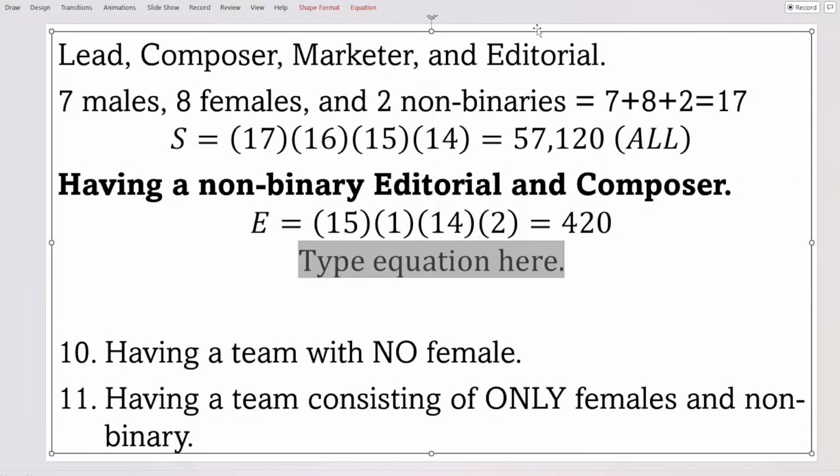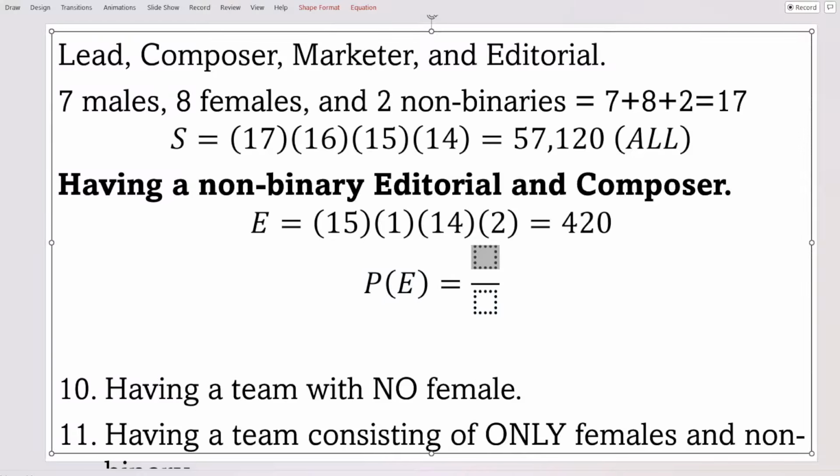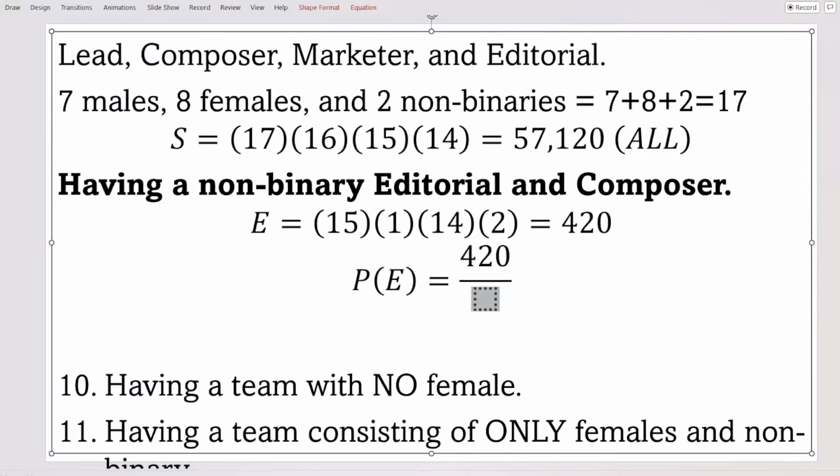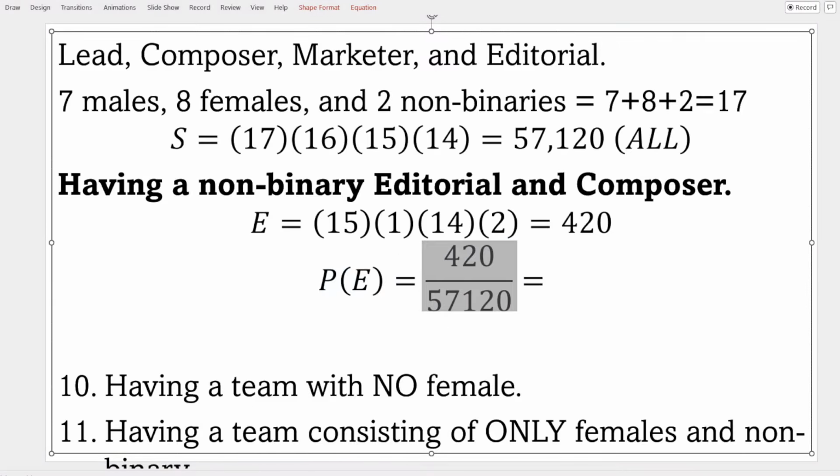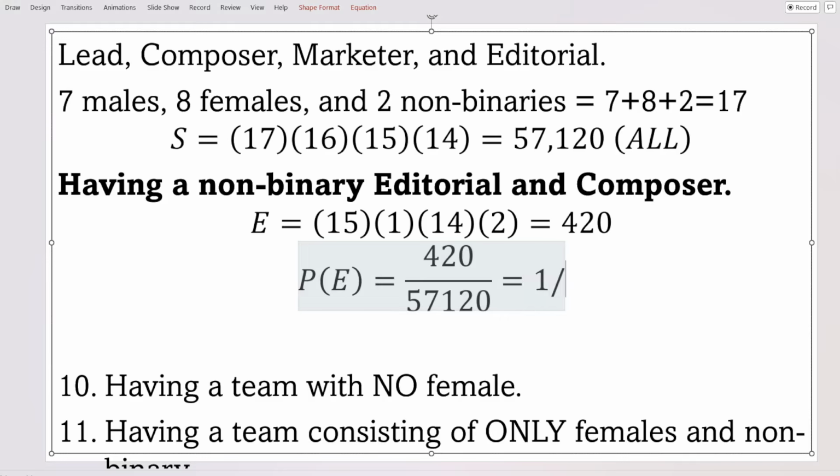Of course, the probability of E is just the number of events that you want, 420, divided by all the possible events, 420 divided by 57,120. The lowest term is 1 over 136.